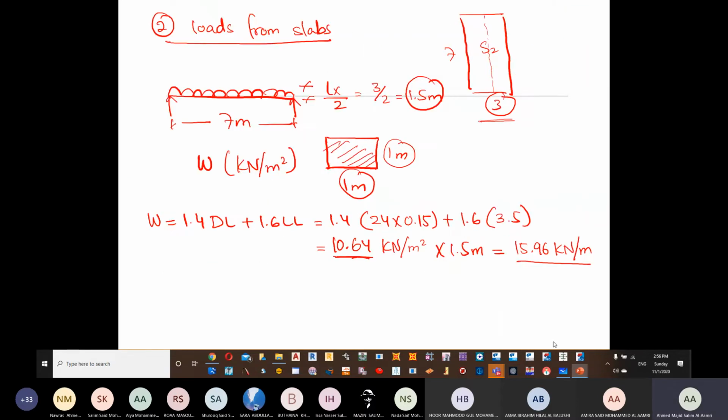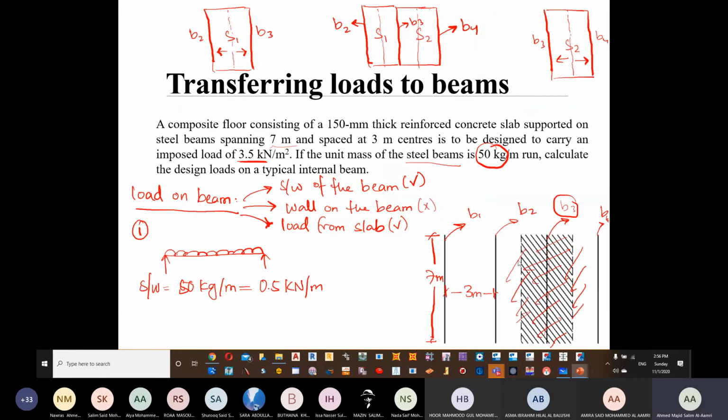We have calculated the loading for one slab. Both slab number 1 and slab number 2 are exactly the same, right? So once again, we have only calculated this portion. Now the beam, which is beam number 3, needs to take both of them.